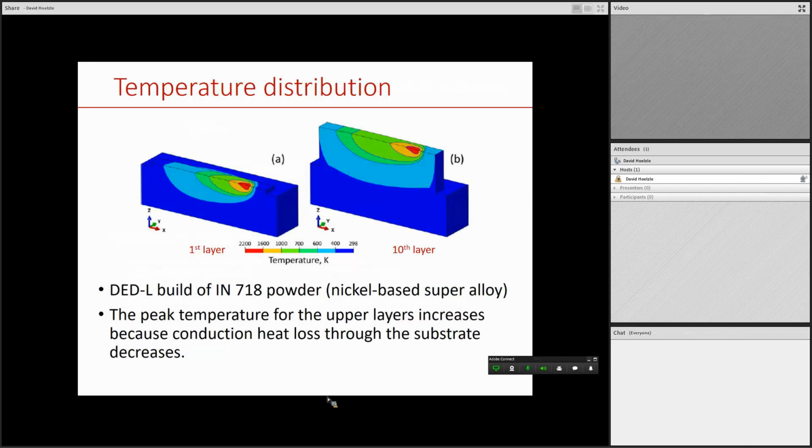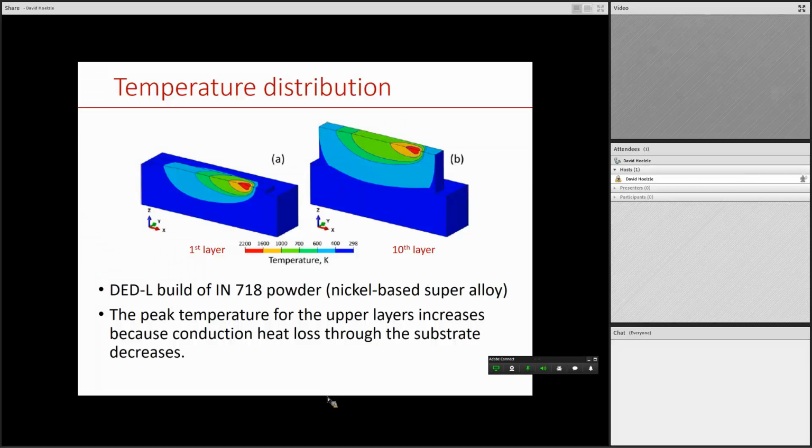These two plots are from a directed energy deposition with laser process build of a superalloy powder. The paper says the peak temperature for the upper layers increases because conduction heat loss through the substrate decreases.